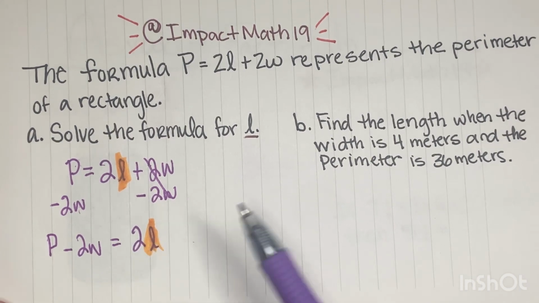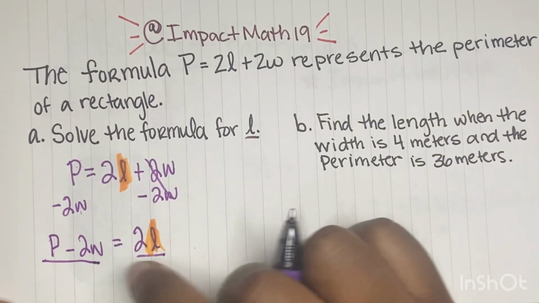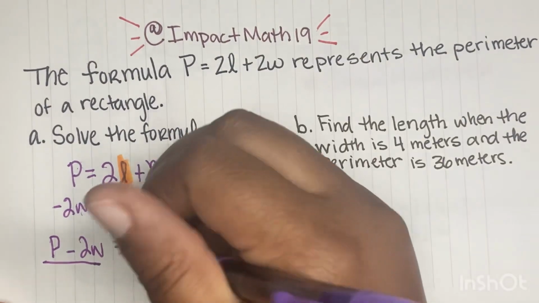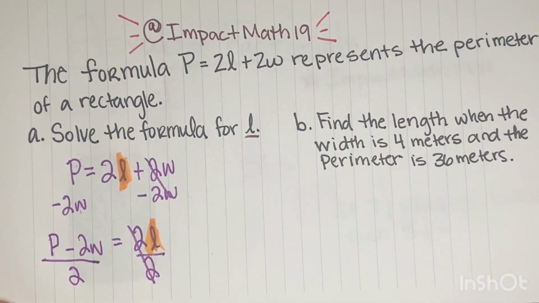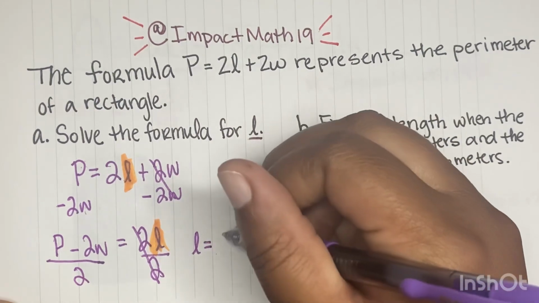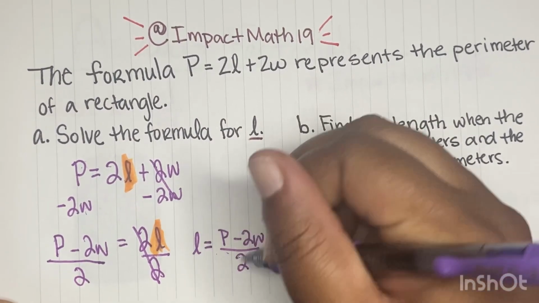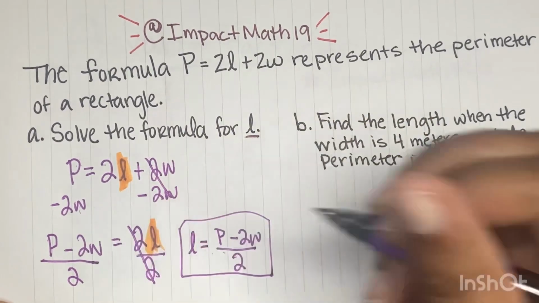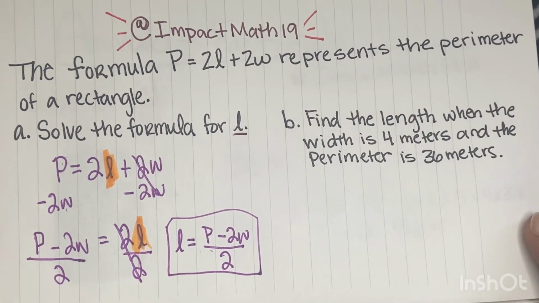So to undo multiplication, we're going to divide. And we're going to divide both sides by what's with the L because we want the L by itself. So our simplified version is L equals P minus 2W divided by 2. And that is our answer. All right, so let's check out B.